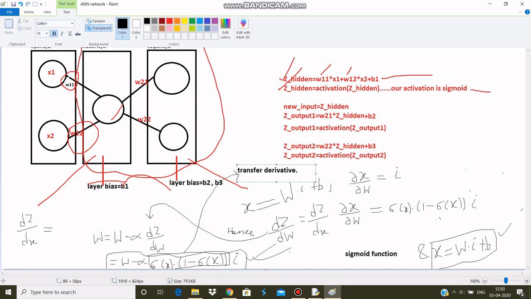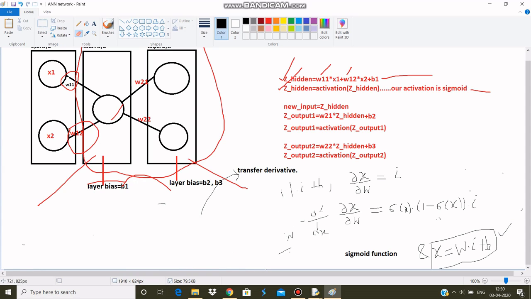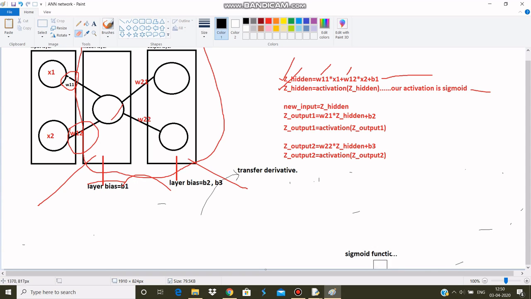Okay, so this is very important. Now after we are done with the transfer derivative, let's clear it out a little bit. We need the transfer derivative both for back propagation of weights as well as for back propagation of bias.